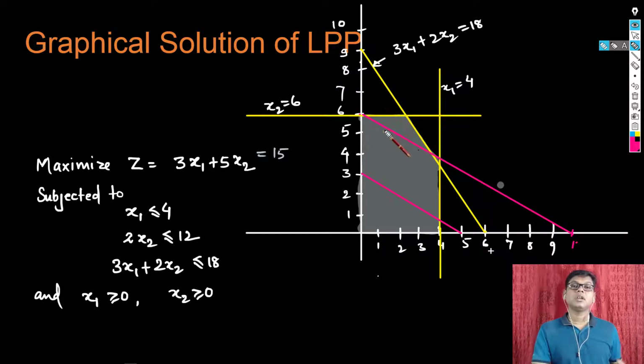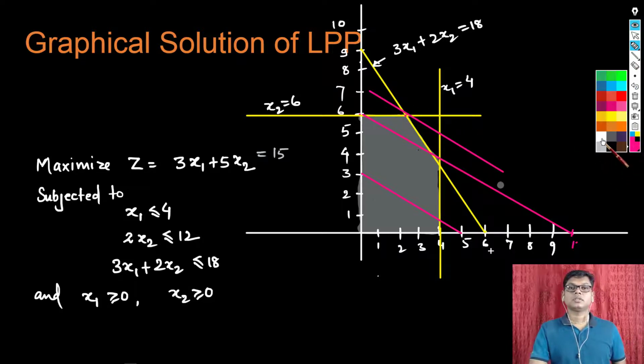Objective function will be translated parallelly in this direction, so that we will get a point after which there is no feasible region. So when you translate it, it happens that the line passes through this point. Okay, this parallel line passes through this point. This is the corner point which we are getting as the solution.